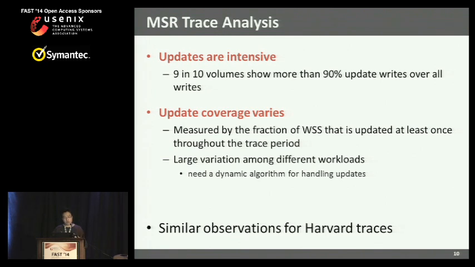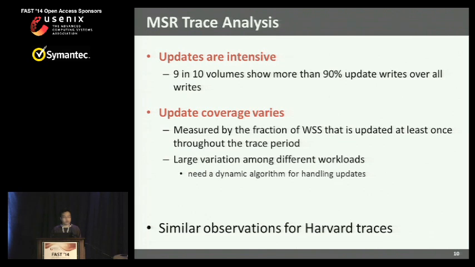Also, we look at the update coverage, which we define as the fraction of the working set size updated at least once throughout the trace period. What that means is you look at the whole trace, at the block addresses covered by the trace, accessed by either reads or writes, and then you compute the update coverage among the whole working set.